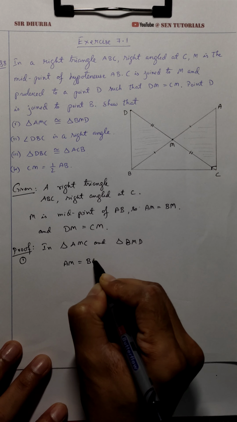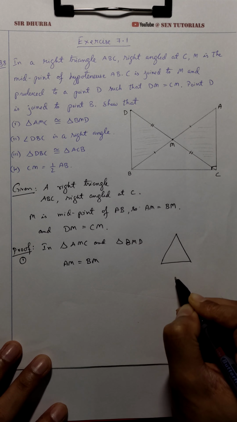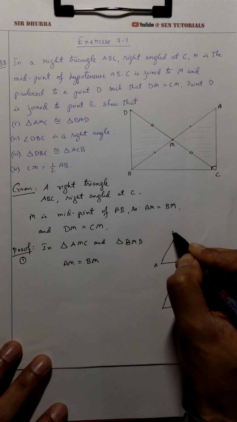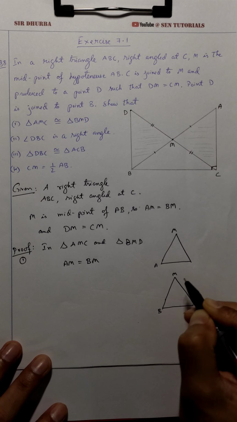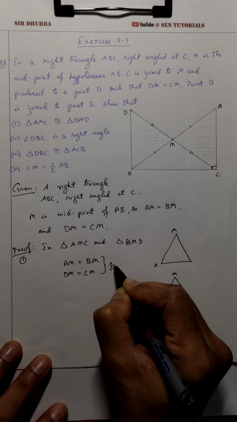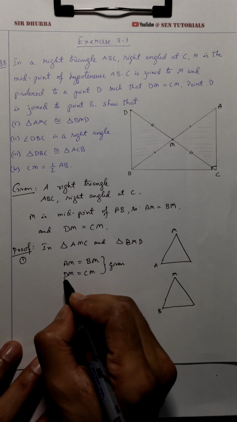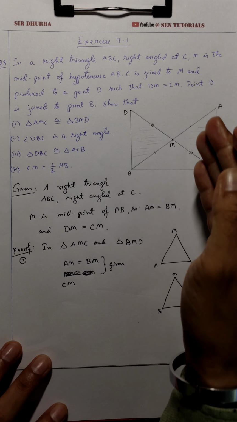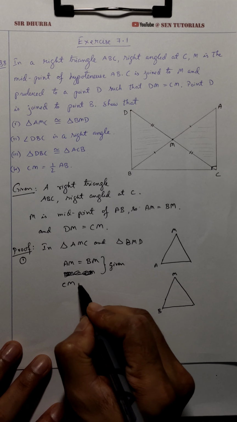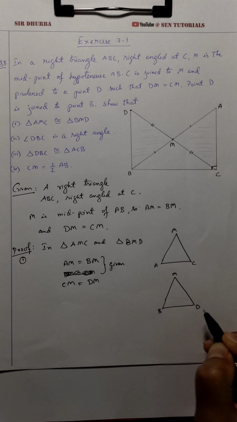So if we draw the triangles like this, so that we can match. Also DM is equal to CM. So both these conditions are given to us. Let's write CM so that there is no confusion: CM is equal to DM.